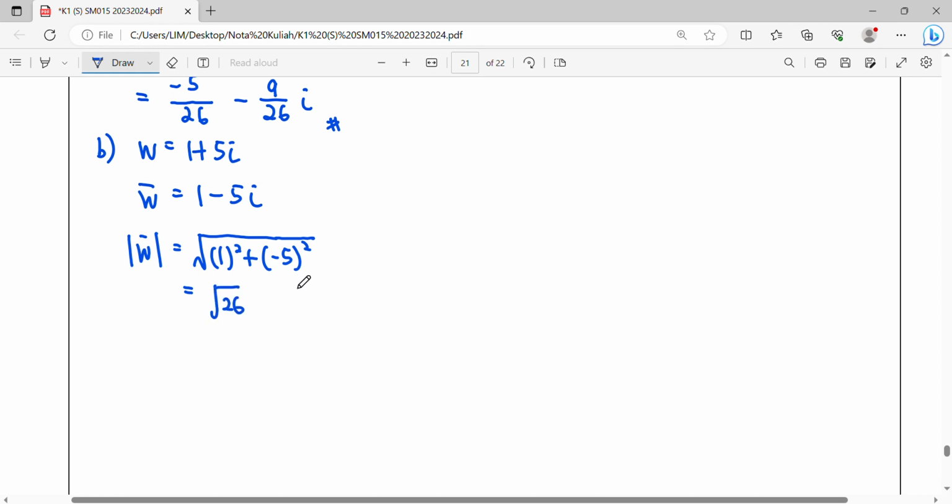Then we need our argument. Before we find the argument, we must know which quadrant this complex number falls in. When we have real part which is 1, imaginary part which is -5, this complex number falls in quadrant 4. In quadrant 4, the argument for this complex number will be negative.